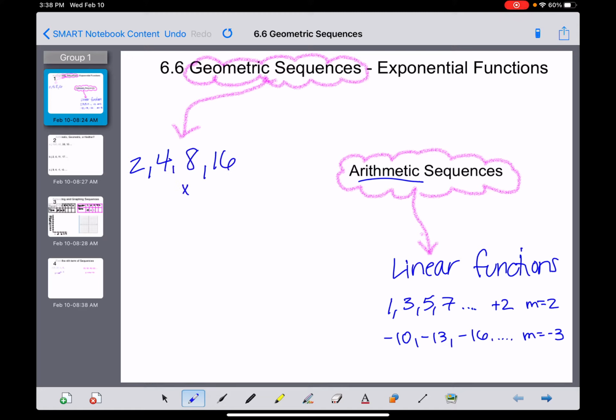We're looking at a pattern of multiplying by 2. Or it could be the opposite. We could go from 20 to 10 to 5. This is dividing by 2, which is the same as multiplying by a half.